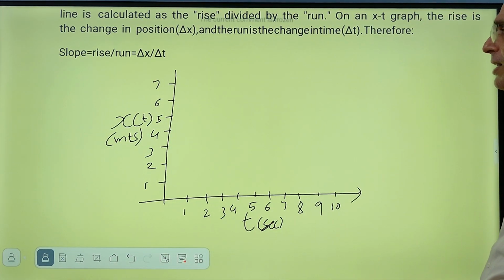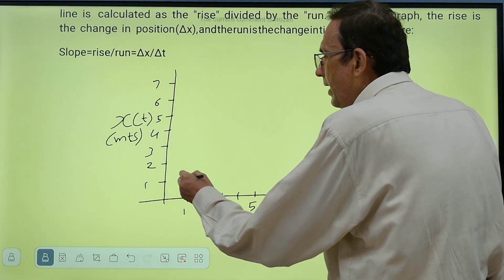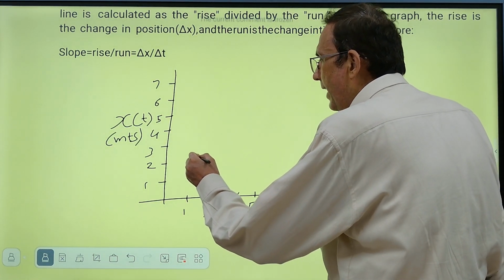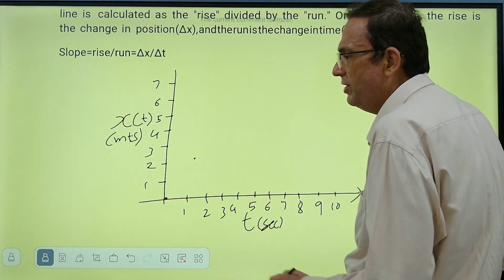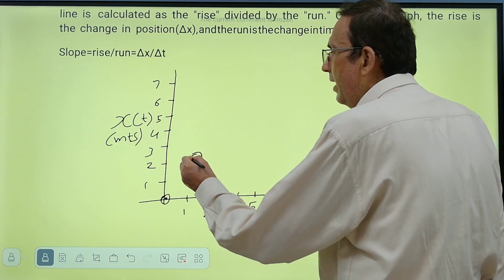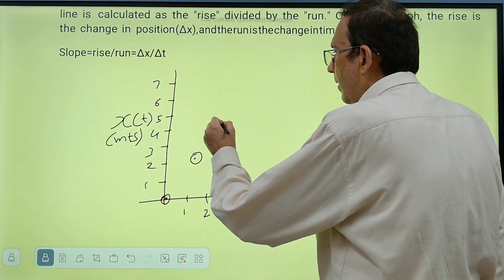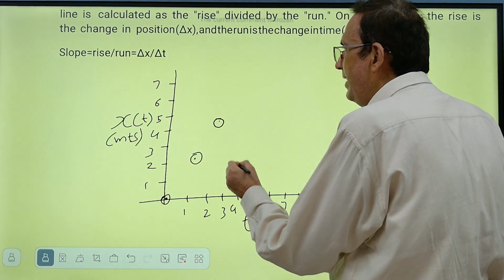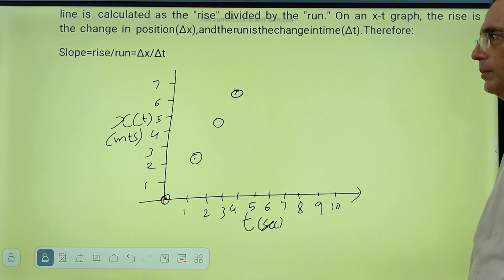And if the object is moving uniformly, it was at 0 position at 0 seconds. Then it was at 2 meters at 1 second, then 4 meters at 2 seconds, then at 3 seconds it was at 6 meters, and so on.